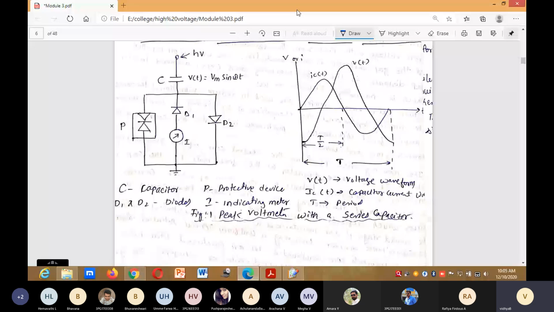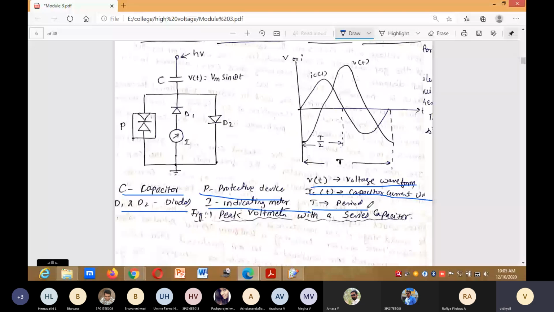C is a capacitor, P is a protective device, D1 and D2 are diodes, and I is an indicating meter. Here V(t) is the voltage waveform and ic(t) is the capacitor current waveform, and T is the period.